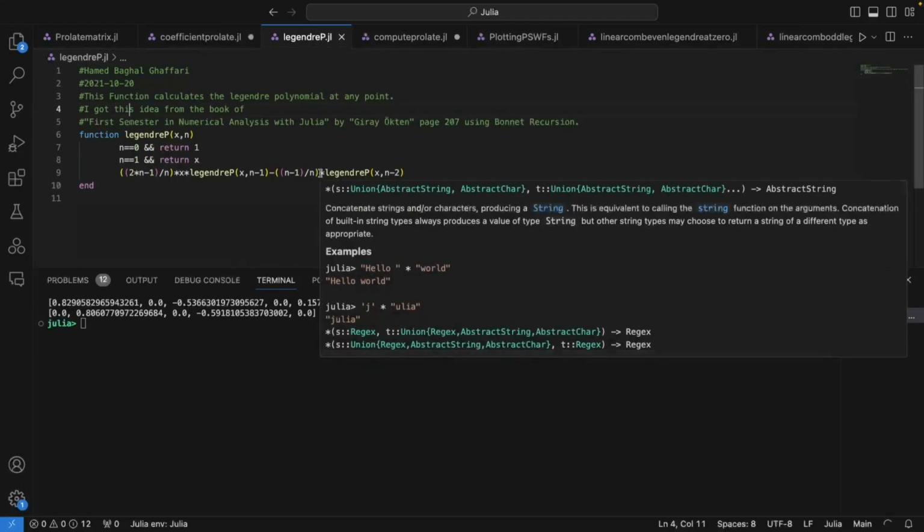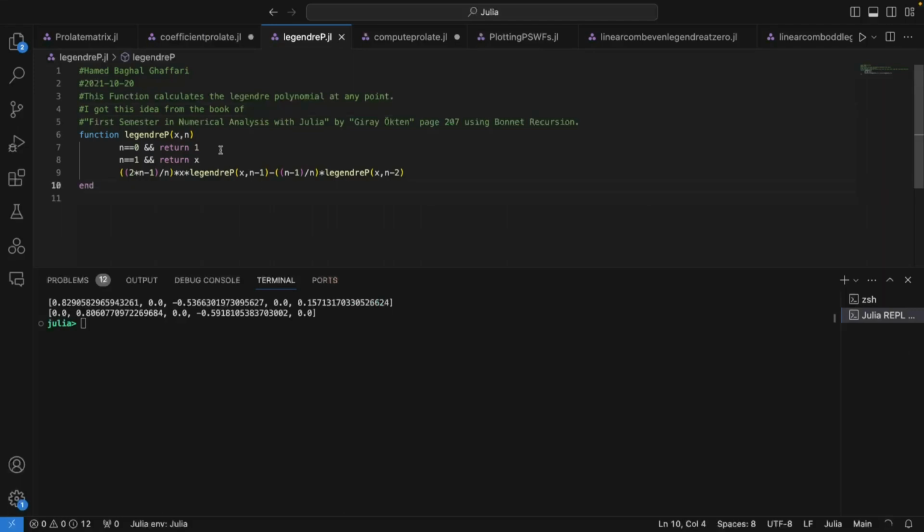We can use the packages to have the Legendre polynomials, but I preferred to practice writing the function again in Julia. So I use this reference, Numerical Analysis with Julia by this author, in page 207.